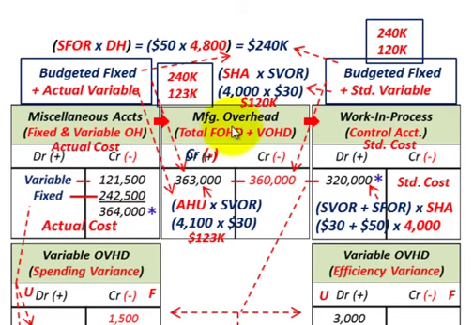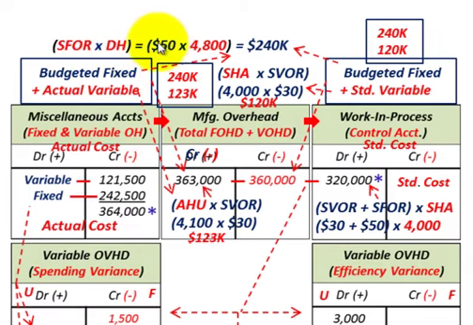And then making our calculations for our manufacturing overhead. We're going to start with the first amount, the budgeted fixed plus our actual variable. Our budgeted fixed is simply our standard fixed overhead rate times our denominator hours, so $50 times 4,800 hours, which gives us $240,000.